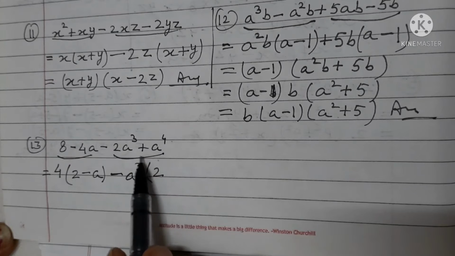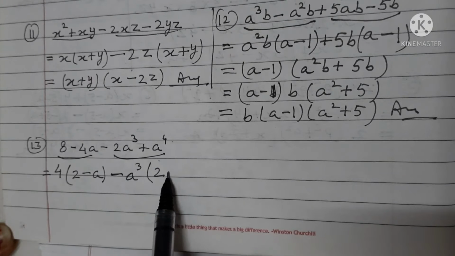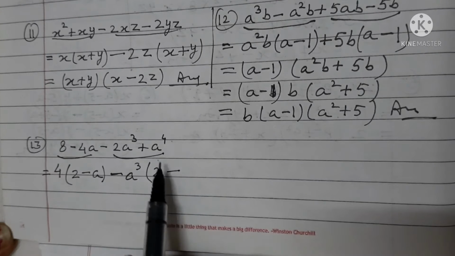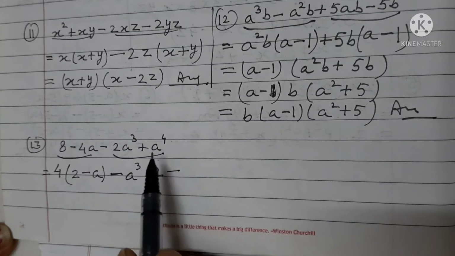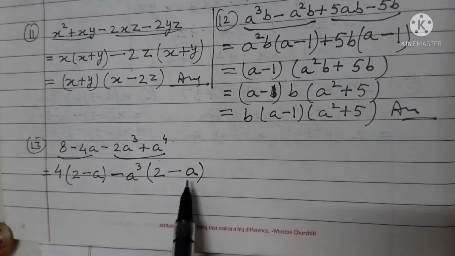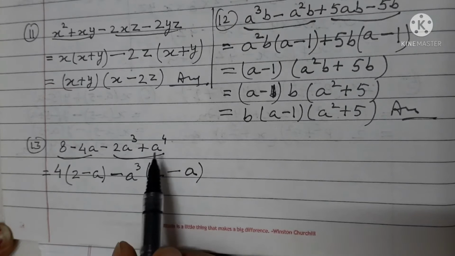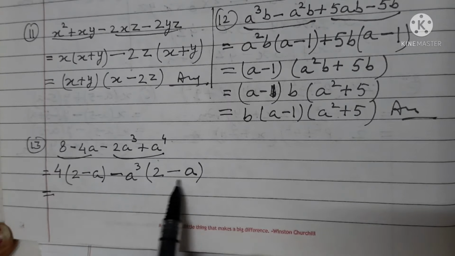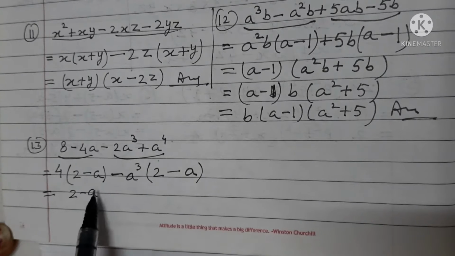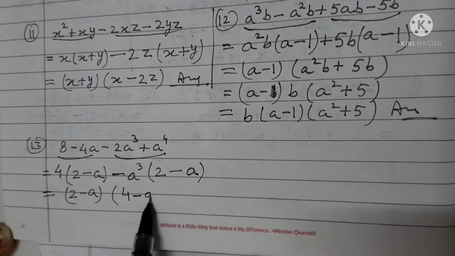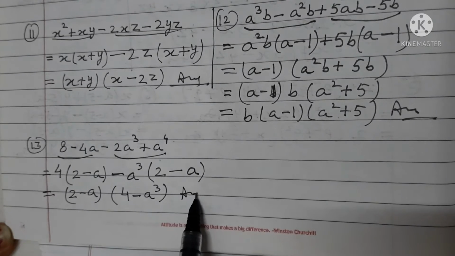Now here this is plus, so you can write minus, because when you multiply minus into minus, this term becomes plus, as it is already plus. And you can write a, because a cube you have taken common, only a remains here. Next step, 2 minus a you can take common, and the remaining part 4 minus a cube. This is the answer.